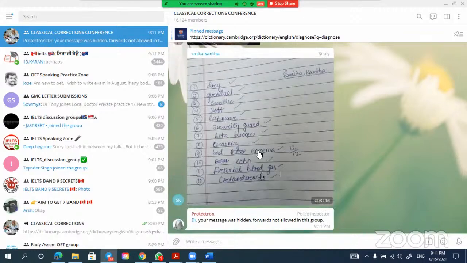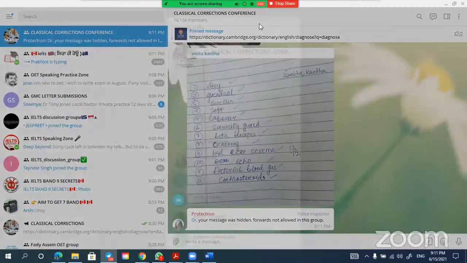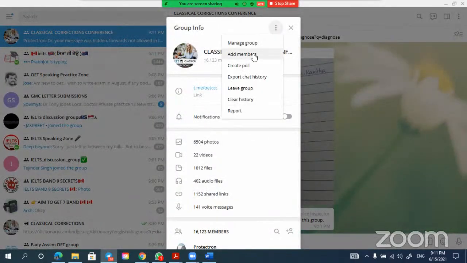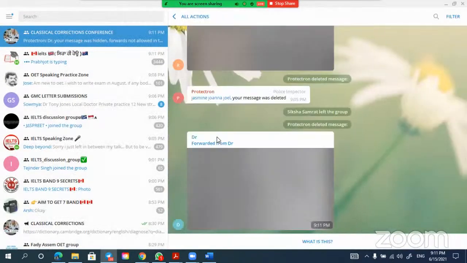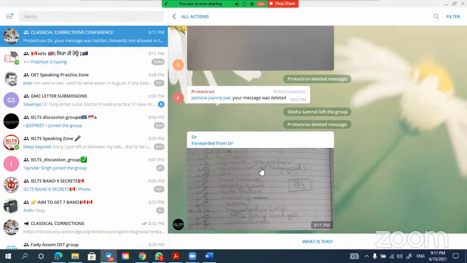Smita. Doctor, your message was hidden. Forwards. Don't forward. Directly copy and paste. Okay, I will open it, no problem. Manage group. Recent actions. Doctor, here it is. Copy image. Just copy and paste.